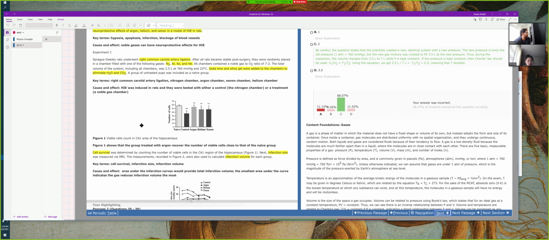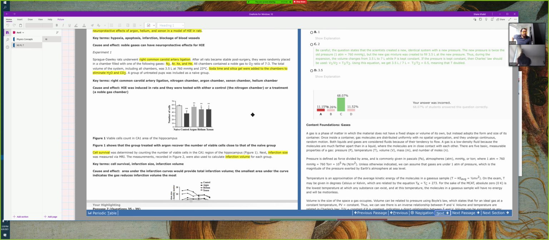So the naive group just stays in something with nitrogen. The control. Oh no, sorry, noble gas. I'm going to forget about naive for a second. Oh wait, untreated pups. I guess that means they didn't have the coronary artery ligation.